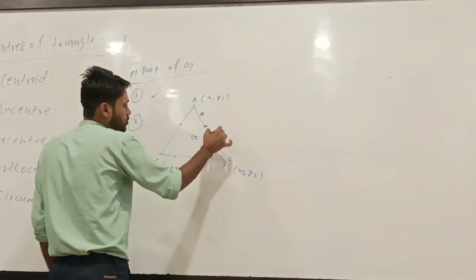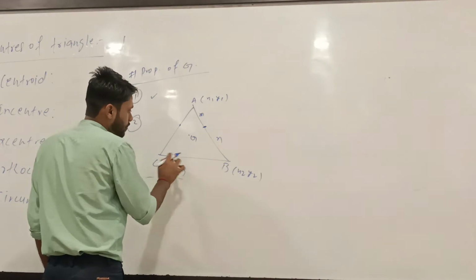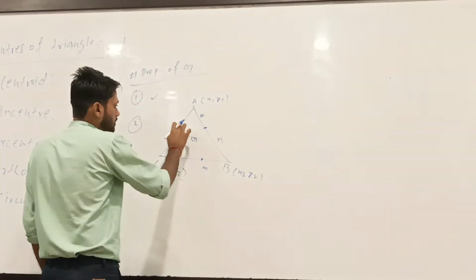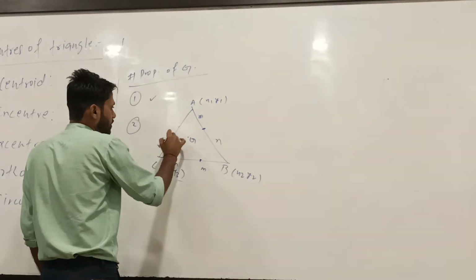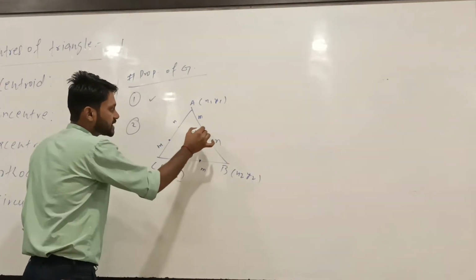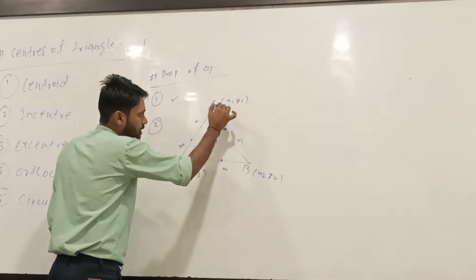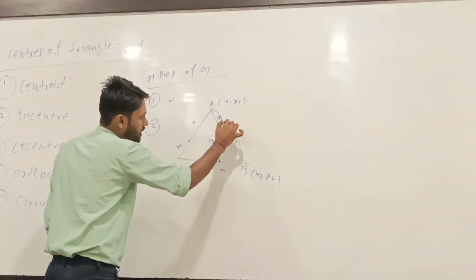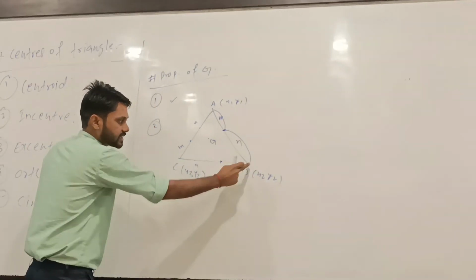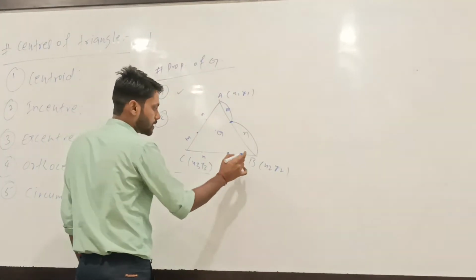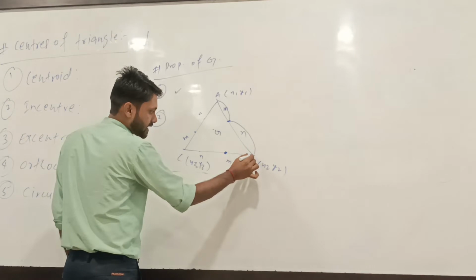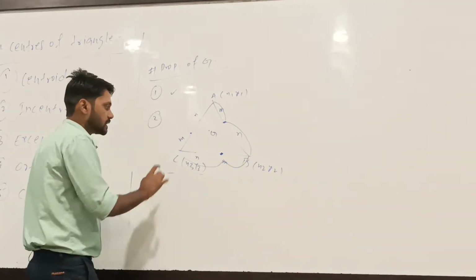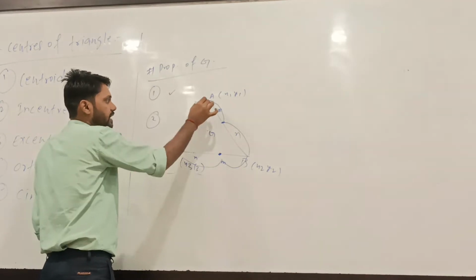Suppose this is m:n. This point intersects side AB in the ratio m:n. This side is also intersected by this point in the ratio m:n, and this side also in the ratio m:n.